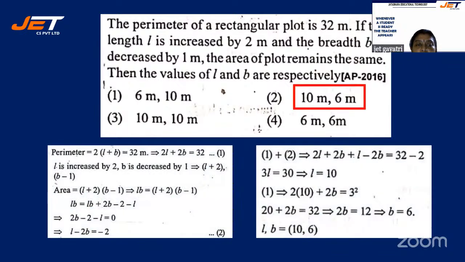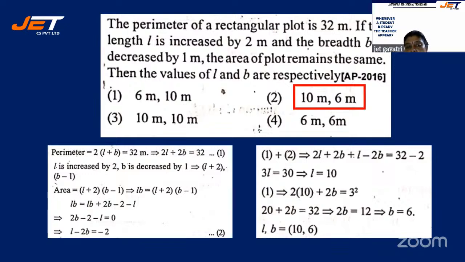Okay. So here, what is the perimeter of a rectangle? It's nothing but twice of length plus breadth, equal to 32. So 2L + 2B = 32. If L is increased by 2, B is decreased by 1, so L + 2, B - 1.